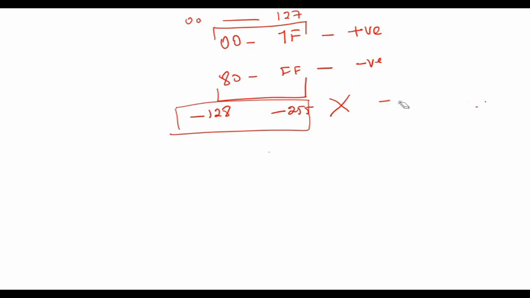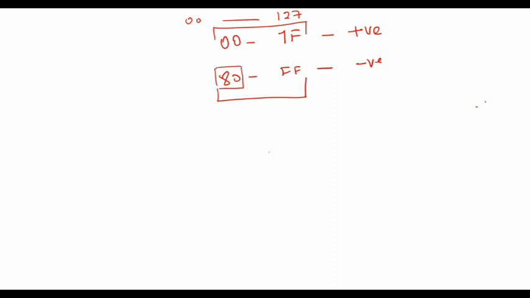So what they do basically is we need to find out the 2's complement of this number. Take any of these numbers. Let's take a number called 82.